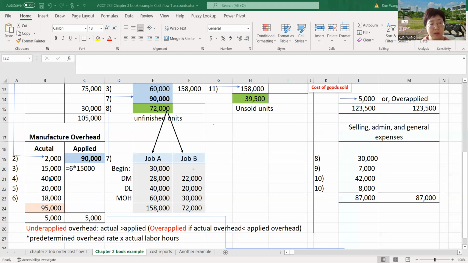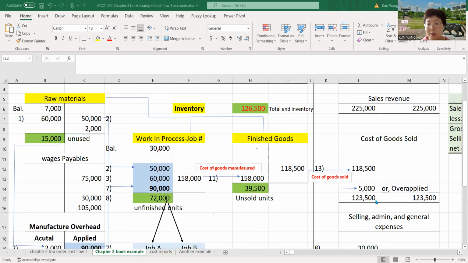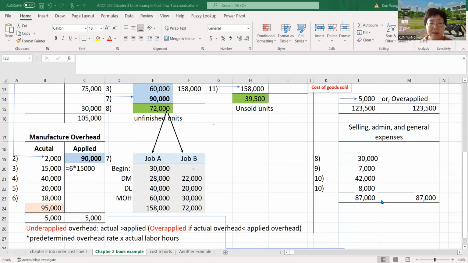So each period wouldn't affect each other. Eventually this balance, added or deducted, is reflected in your cost of goods sold account. So that's the way we handle the manufacturing overhead because of the variance between actual and applied amounts.